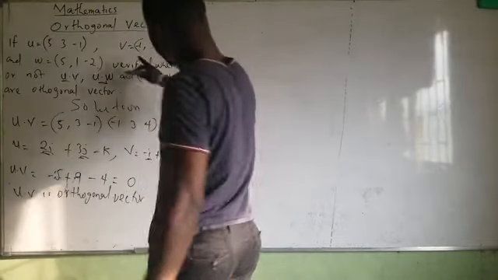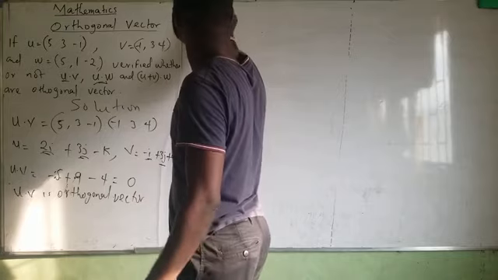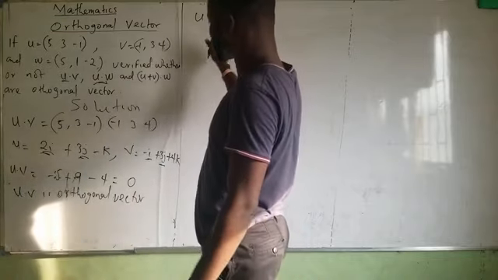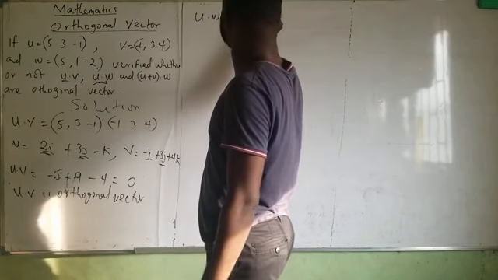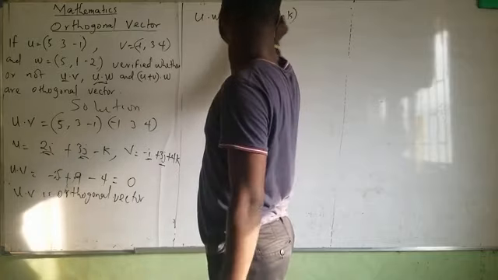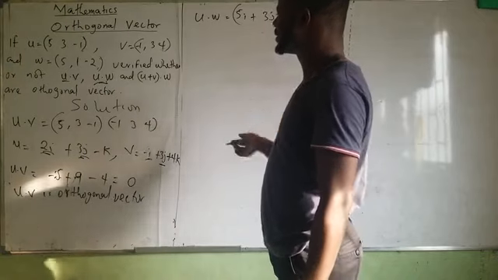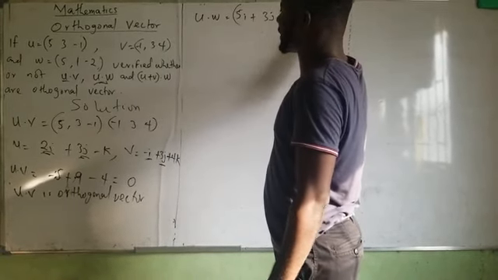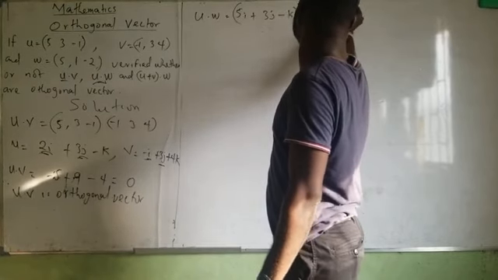Look at this. I have the second one, which is U dot W. What I am trying to do there is U dot W: 5I plus 3J minus K, with dot of W, which is 5I plus J minus 2K.